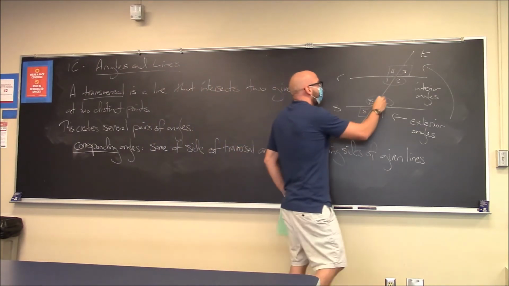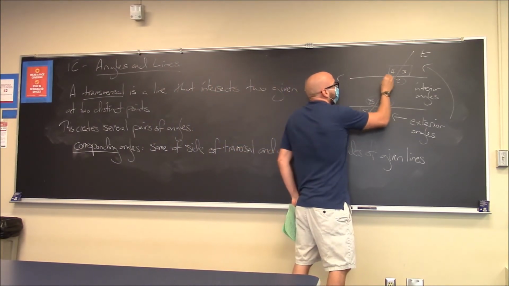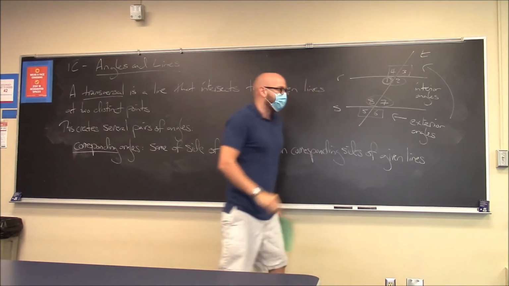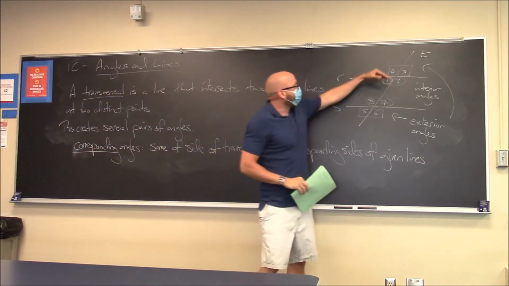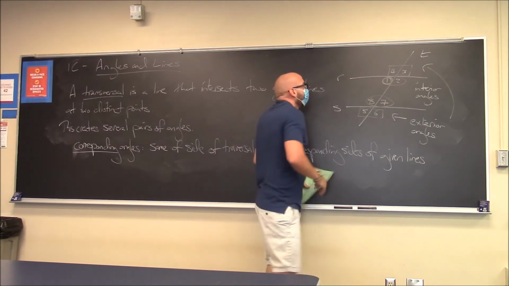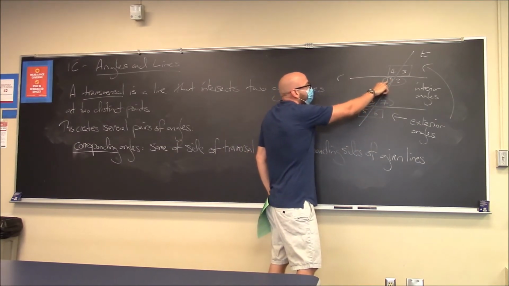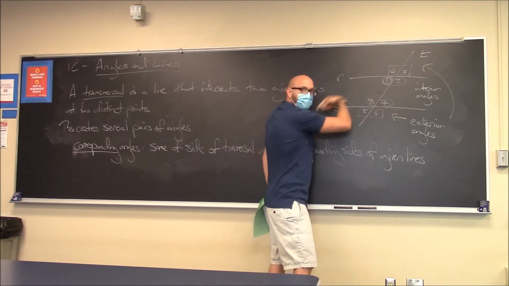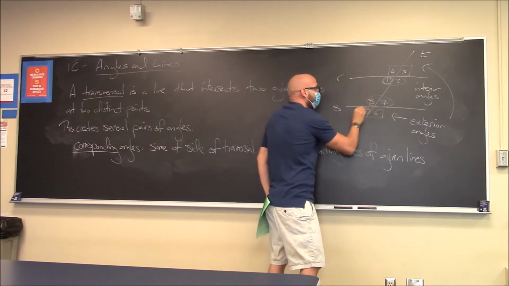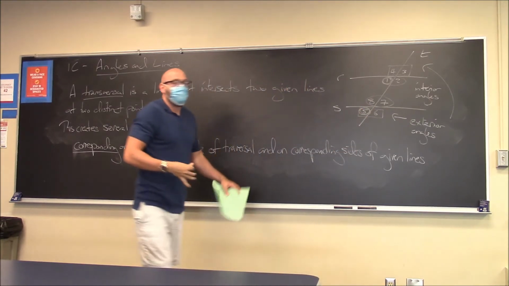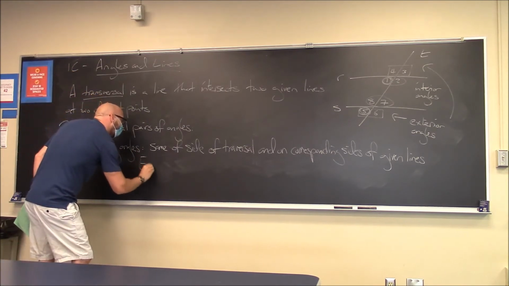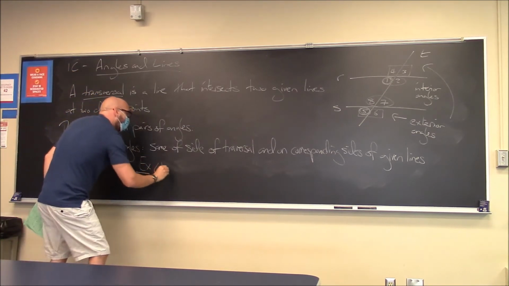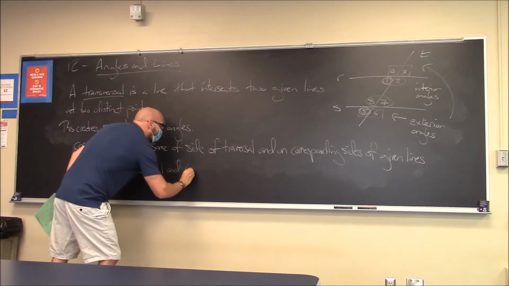Okay, so for example, I'm going to destroy my picture here by circling a whole bunch of angles. Angle 1 is sort of below this first given line. So if I want the corresponding angle, I would look below the second given line and on the same side of my transversal. So angle 1 and angle 5 are corresponding angles.